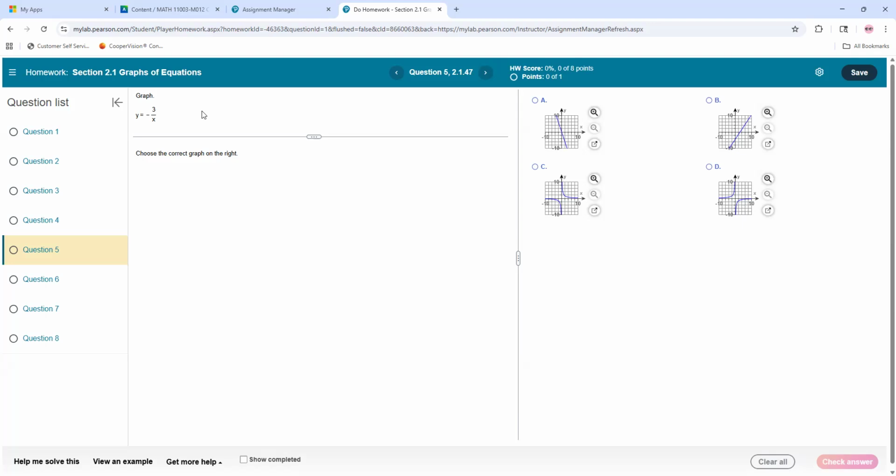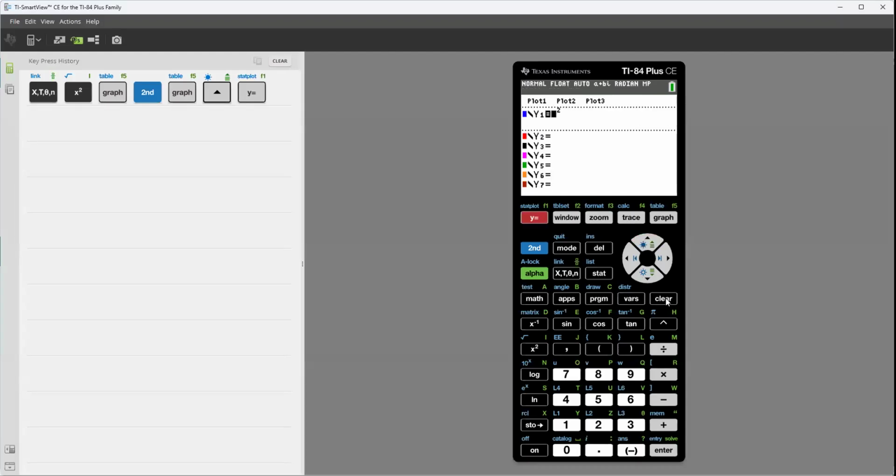So let's go to the calculator and do -3 over x instead of -2 over x. So I'm going to go to y equals. Clear that out. So remember, if you want it to look like a fraction, hit alpha y equals and enter.